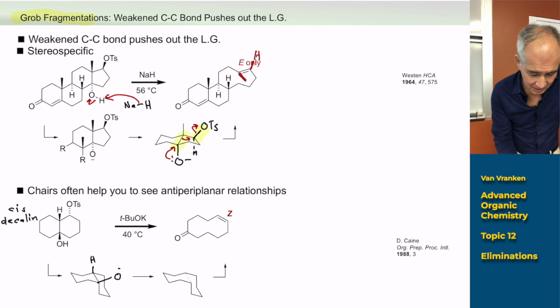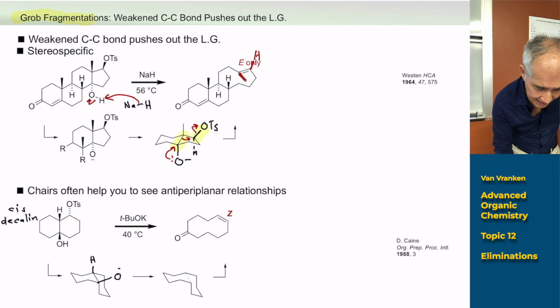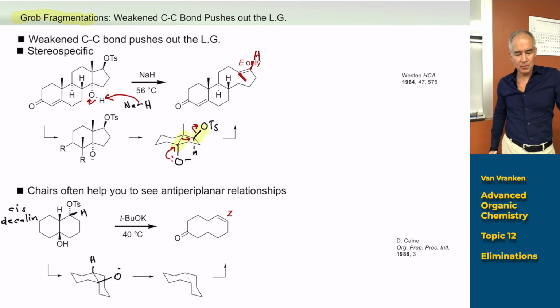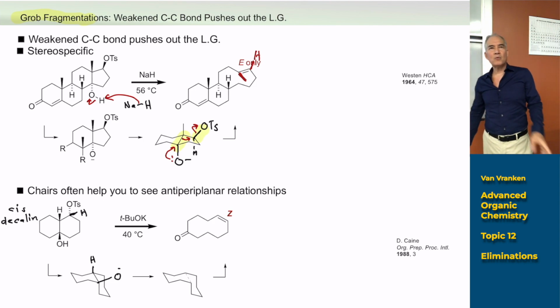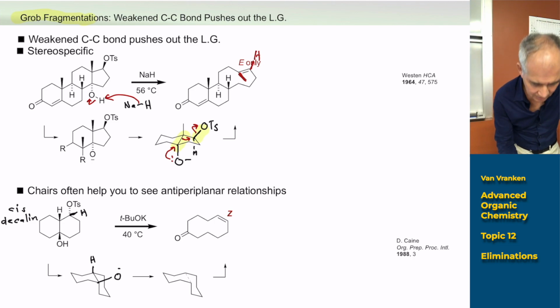And let's be very careful about the way we draw this tosylate, because you can see here that this tosylate group is going down, and that means that there was an H sticking up. And we want to make sure that we draw that tosylate in a way that clearly depicts the stereochemistry of that position. Now I'm going to draw over here two lines to represent an axial and an equatorial bond.